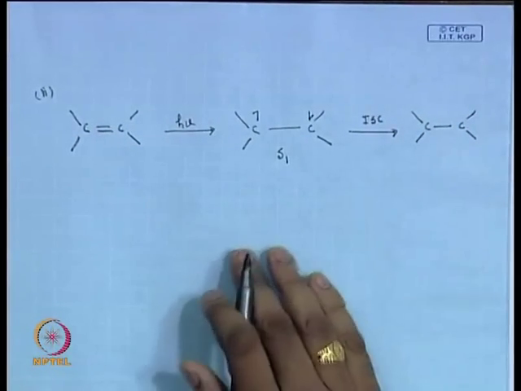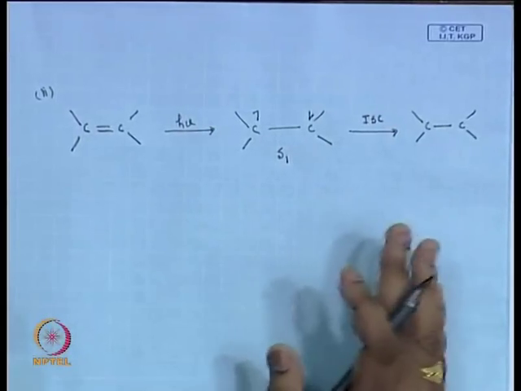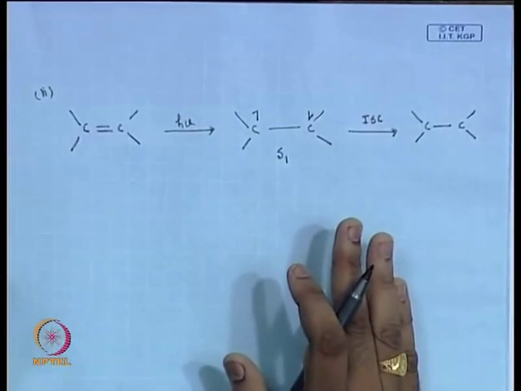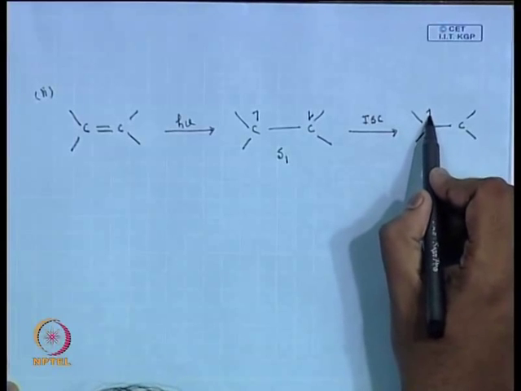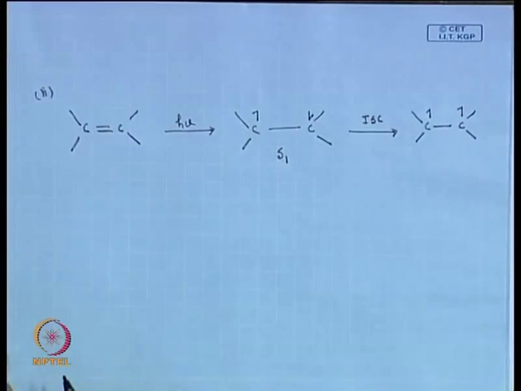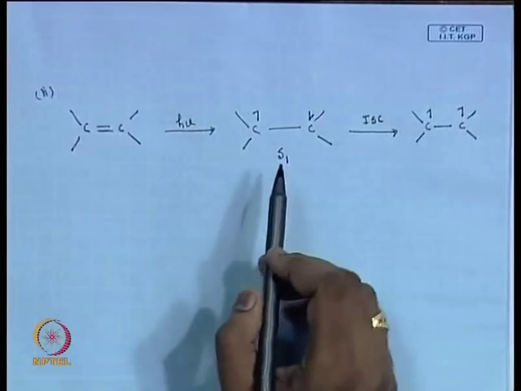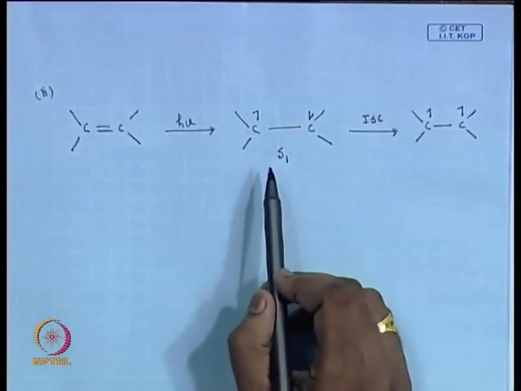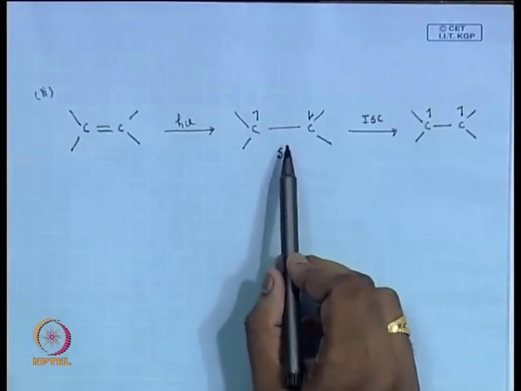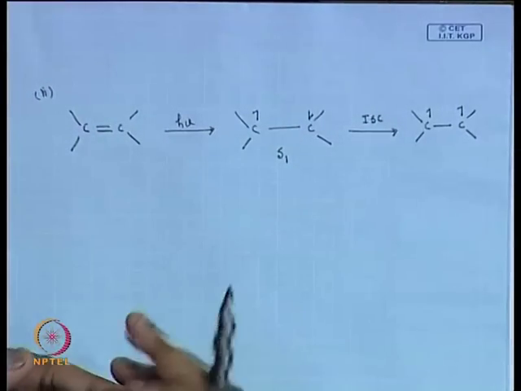It is not a must. If the energy profile allows it to undergo an intersystem crossing, it undergoes intersystem crossing to give me a triplet. Now, I said that this planar form undergoes a type of twist.